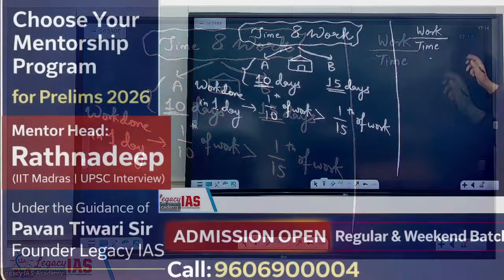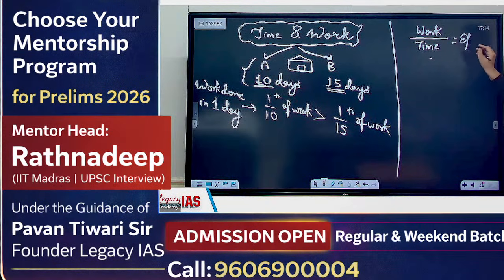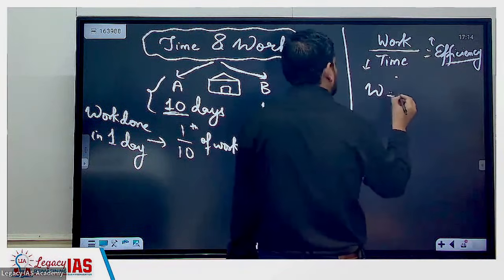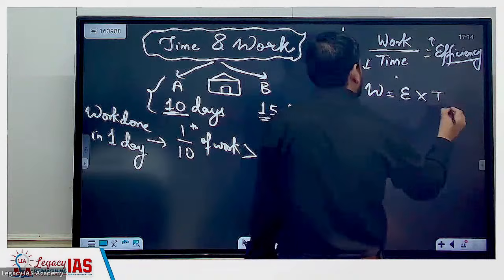If you divide these two quantities, you get something called efficiency. Intuitively also you understand that if somebody is doing the same work in lesser time, so if this time is lesser, then efficiency becomes more. Correct? If he's taking more time to do the same work, then efficiency is less. So this is what you get. Work upon time is equal to efficiency. Or in other words, we write it like work is equal to efficiency into time.